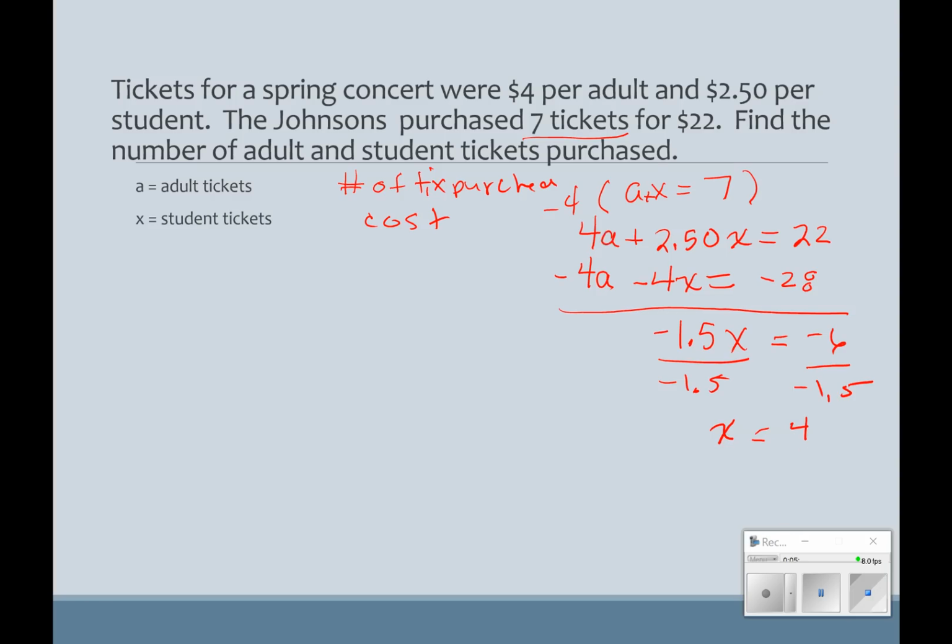So I'm going to have 4 student tickets. Okay. Then to find the number of adult tickets purchased, adults is going to equal 7 minus X, or 7 minus 4, which is equal to 3. So I've got 3 adult tickets and 4 kids tickets.